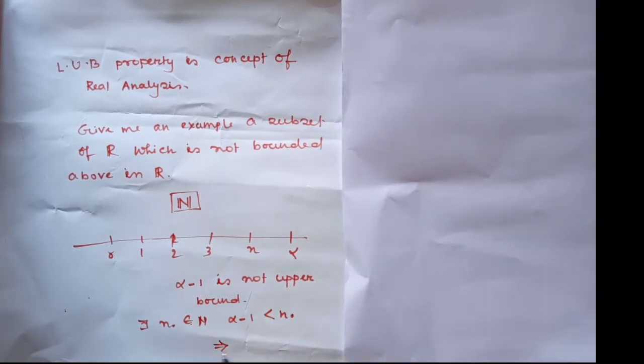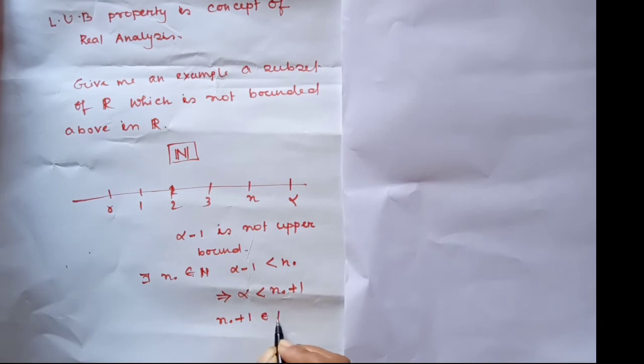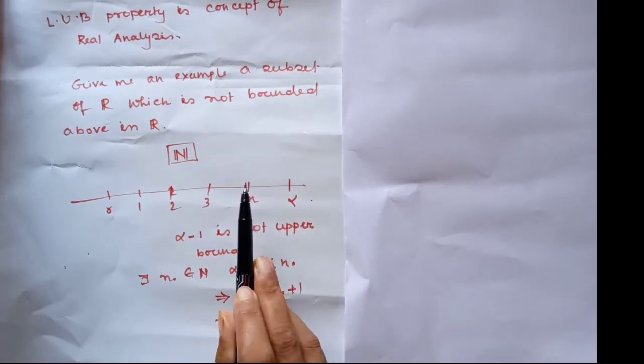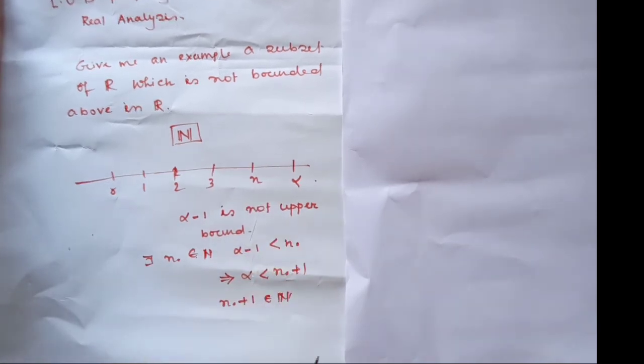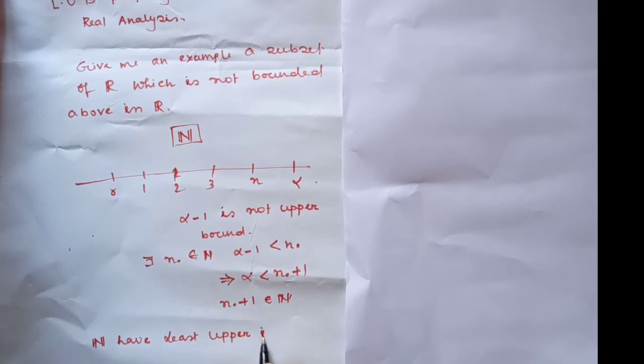That implies alpha is less than n naught plus 1, and n naught plus 1 belongs to natural numbers. This contradicts alpha being the least upper bound. So, natural numbers do not have any upper bound. Think it. It is very easy.